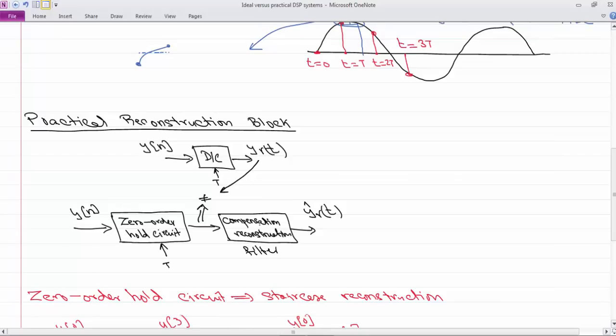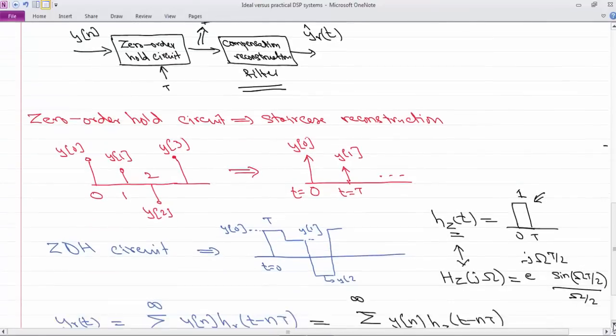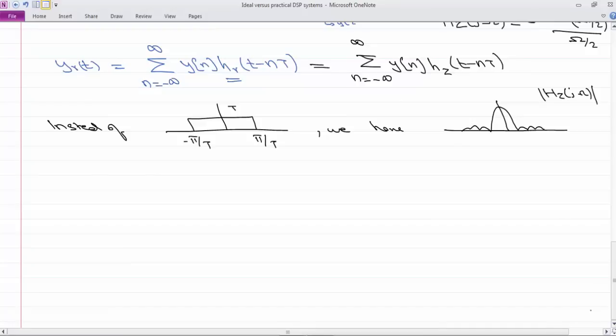So to compensate for this, in a digital to analog converter, or DAC, they often implement what's called a compensation reconstruction filter, which tries to invert the effects of this non-ideal reconstruction filter, or the zero order hold circuit.